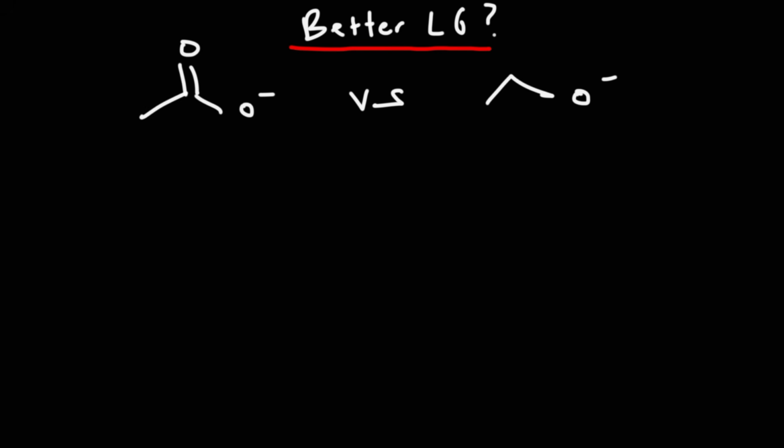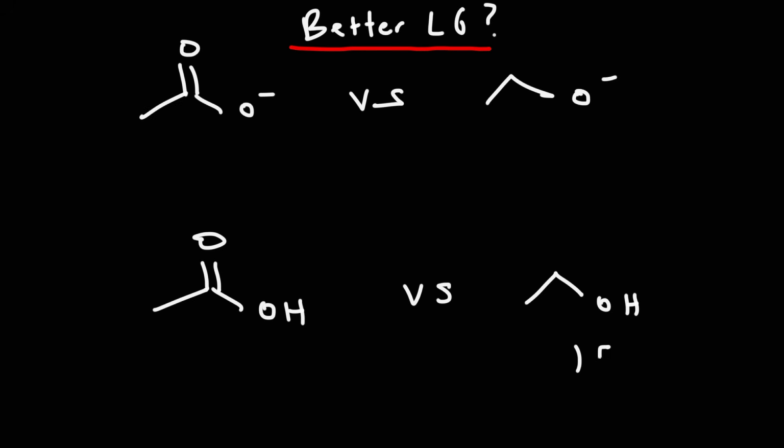But going back to this question, which one is the better leaving group? Acetate or ethoxide? So let's look at the conjugate acid. The conjugate acid for acetate is acetic acid. For ethoxide, it's ethanol. Now the pKa for ethanol is 15.9.